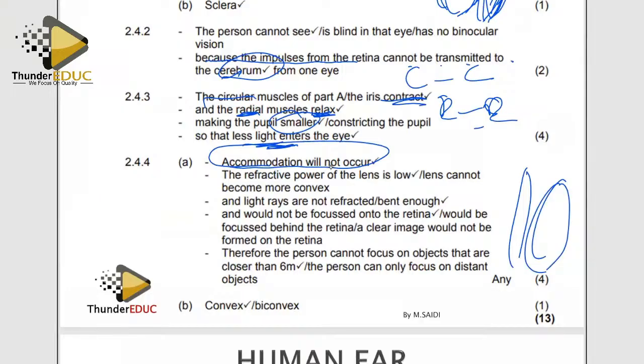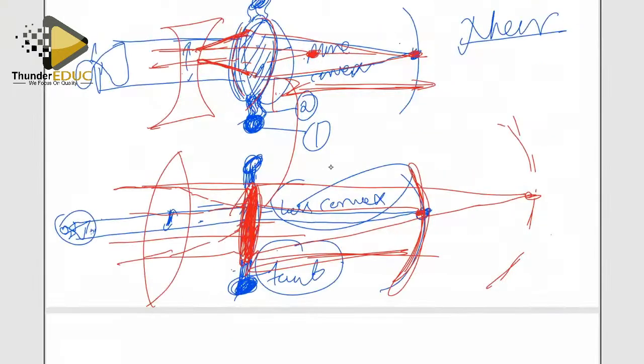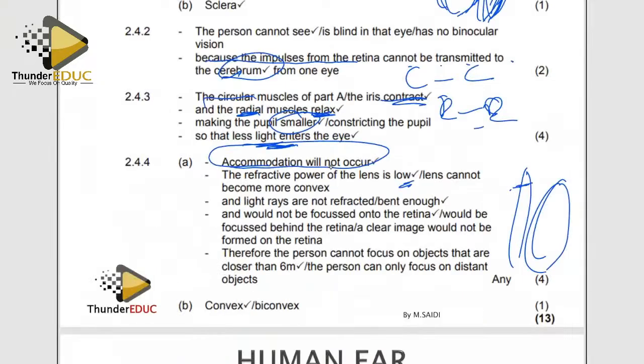That's why the refractive power of the lens is going to be low. The lens will only be like this instead of being like this when viewing a nearby object.